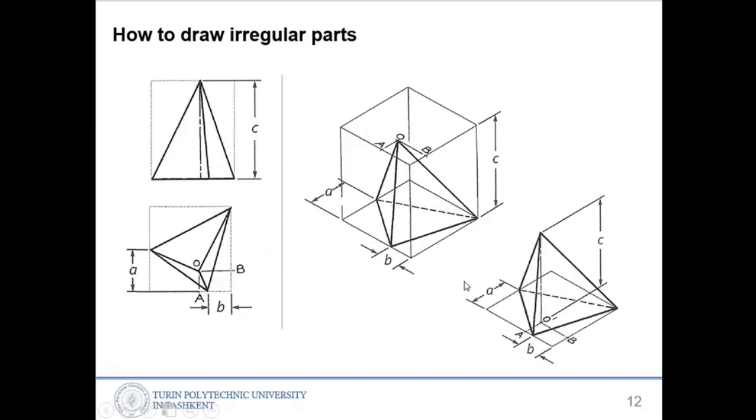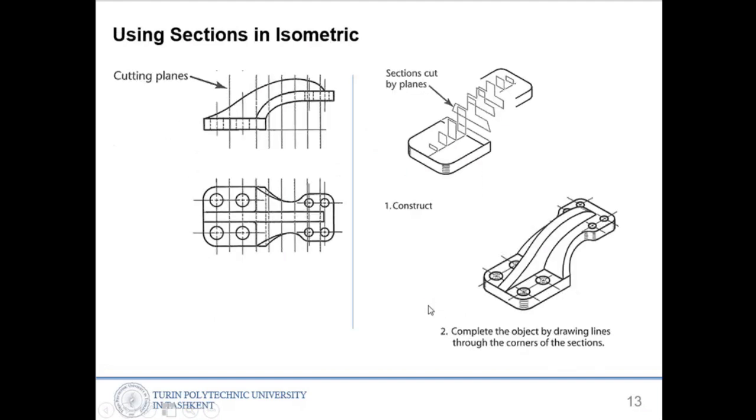And there was an example of generating curved lines given in orthographic projection in isometric projection, by making cross sections and using those cross section points to generate the curve.